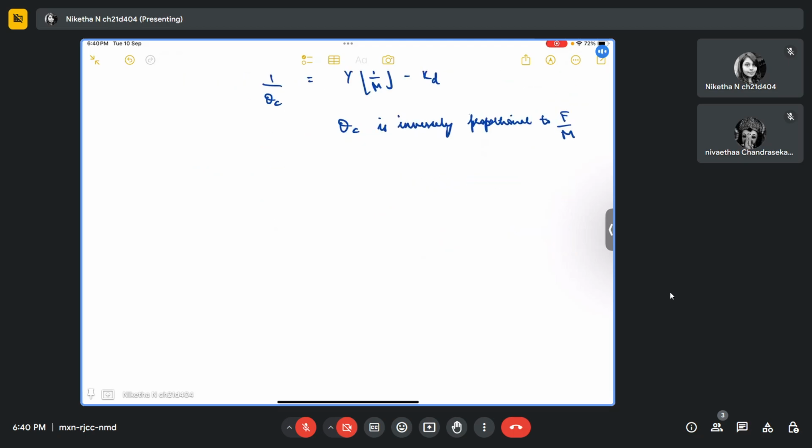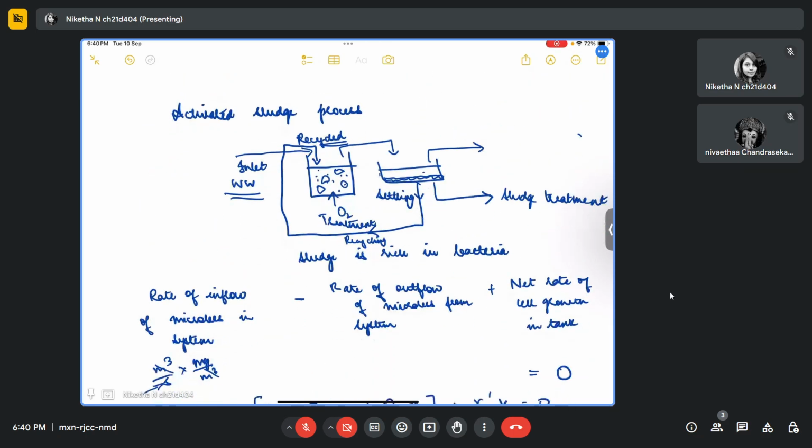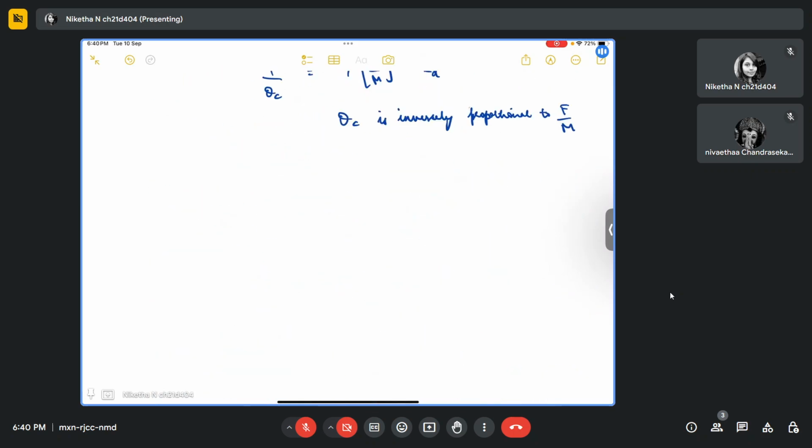Moving on. Like I said earlier, in order to make sure the microbes are degrading the organic compounds, we have to supply enough oxygen. So when we are designing this treatment plant, we have to account for how much oxygen is required, and calculate that beforehand. The oxygen requirement is given in terms of this equation.